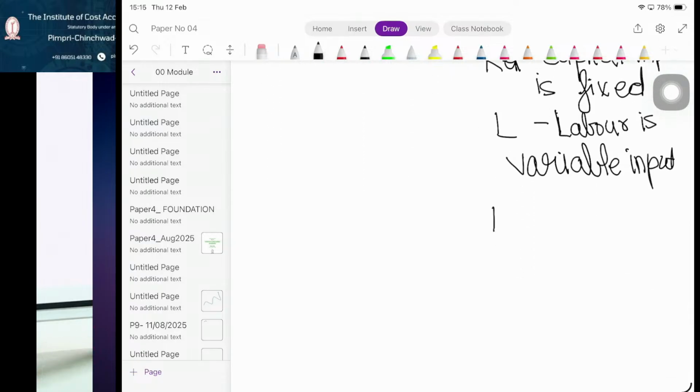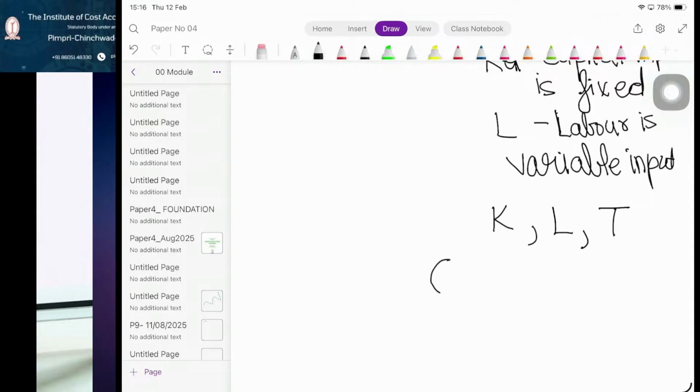Suppose I want you to do this, just label. A firm has three inputs: capital, labor, and land. Let us say it's an agricultural field and the farm size is a fixed variable. How will you show this in the form of a production function?